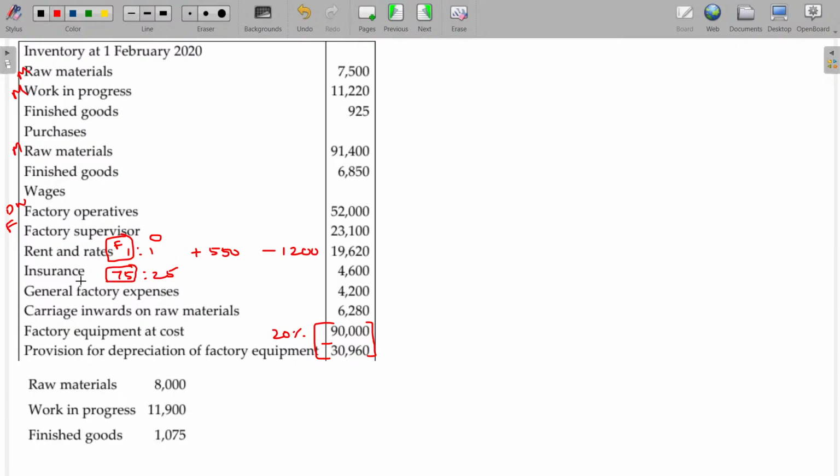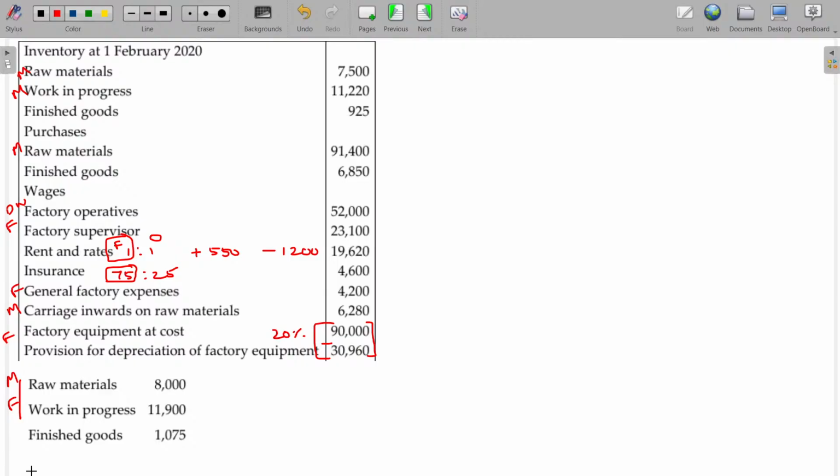Insurance, another 75% will be related to the factory. Carriage inward on raw material being manufacturing. Factory equipment at cost, this will be factory. And these two will also come under this. First one is manufacturing, means manufacturing first part, work in progress will be second part. Now you'll be able to understand this part here.